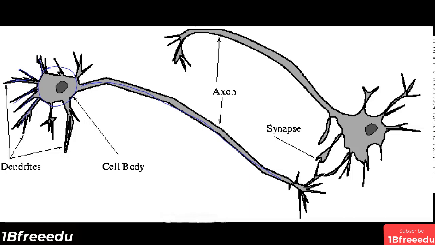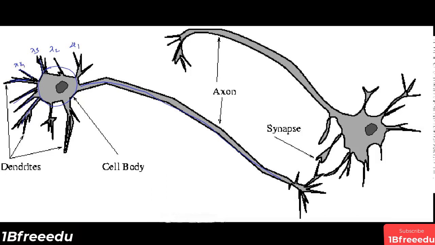Let us call this input x1, coming from some sensory organ or some other neuron. Let's say this is x2, this is x3, x4, and so on.